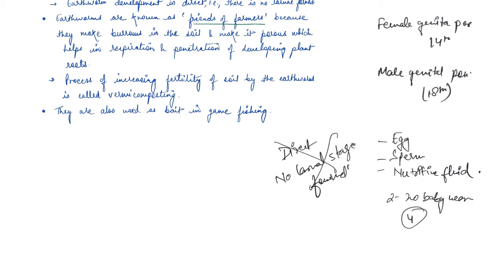This process is known as vermicomposting. So if someone asks you what vermicomposting is, it is the process of increasing fertility of the soil by earthworms. Apart from that, fishermen use earthworms as fish food. They use earthworms as bait for the fish. So earthworms are fish food as well.